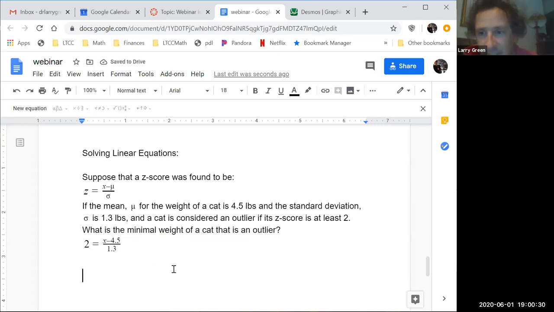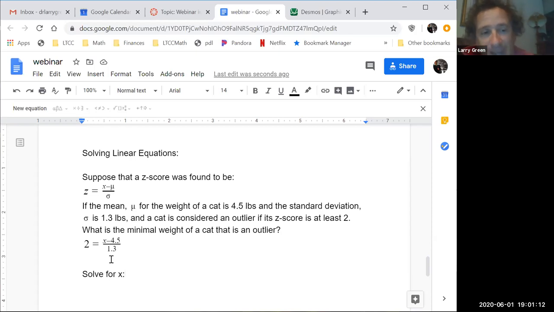Now we need to solve for x. All right, so what's the first step to solve for x here? Okay, 1.3. Yeah, we're going to multiply both sides by 1.3. And the way you remember is you're doing the order of operations backwards, because first you subtract because it's above the division line, and then you divide.